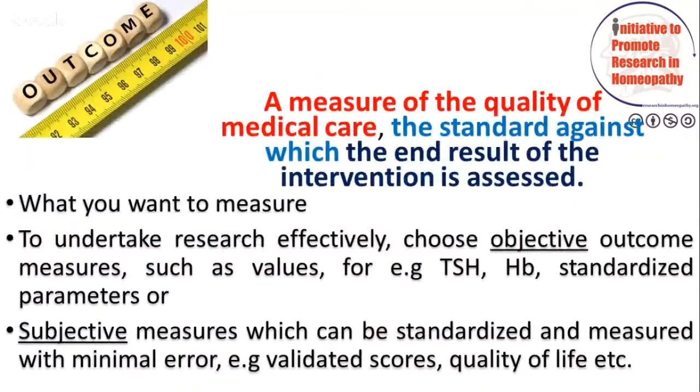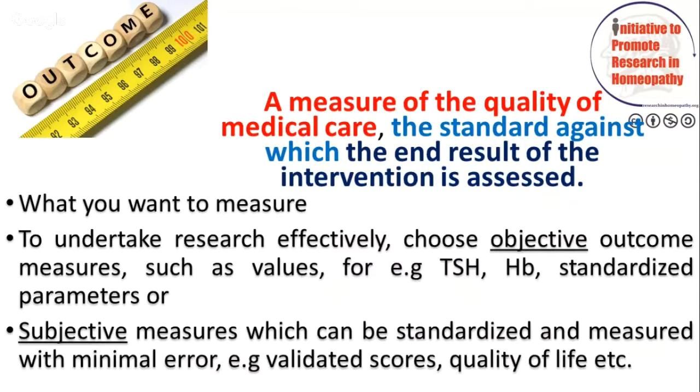Once we are done with the introduction and the objectives, the third most important thing is outcome. A measure of the quality of medical care, the standard against which the end result of the intervention is assessed. What we want to measure, what we want to observe in our trial.